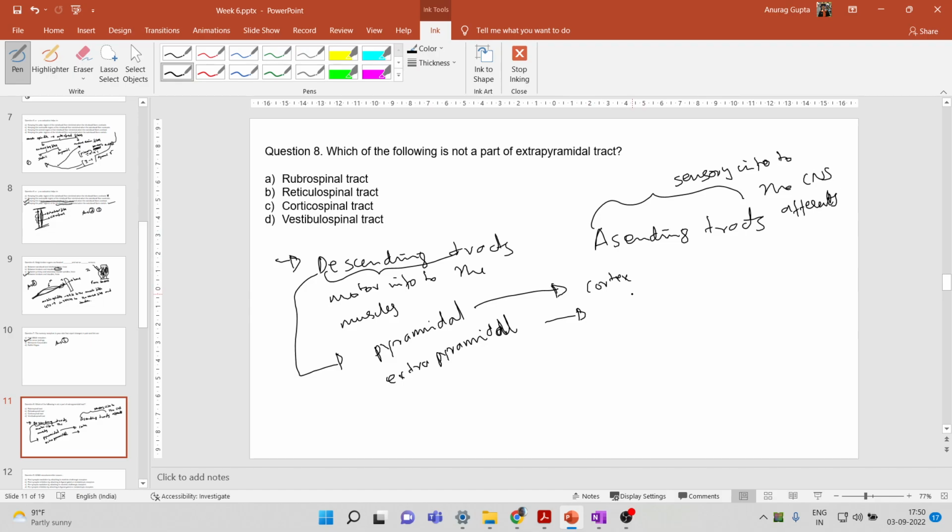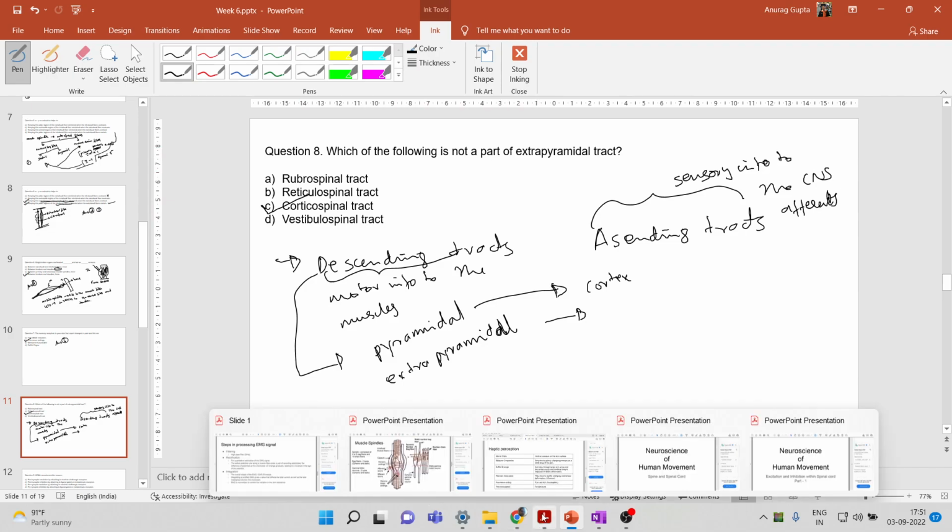The neurons that connect the cortex to the spinal cord form the corticospinal tract, which belongs to pyramidal. The rubrospinal, reticulospinal, and vestibulospinal tracts belong to extrapyramidal, whereas the corticospinal tract belongs to the pyramidal. So this is not part of the extrapyramidal.